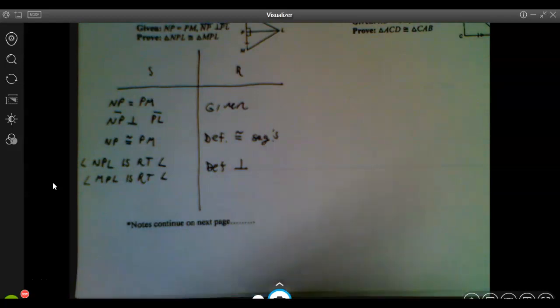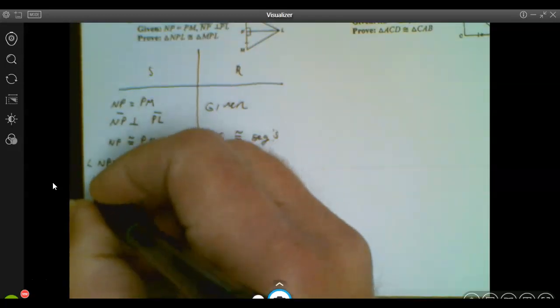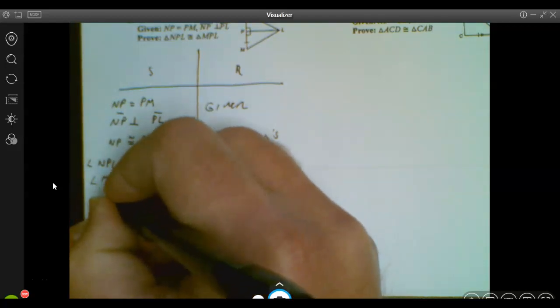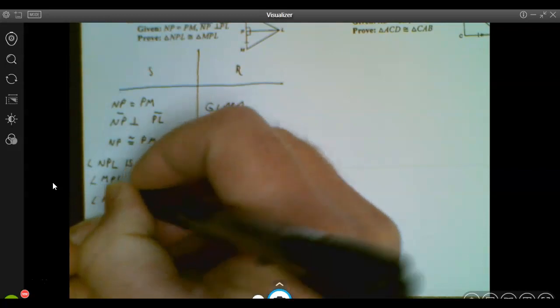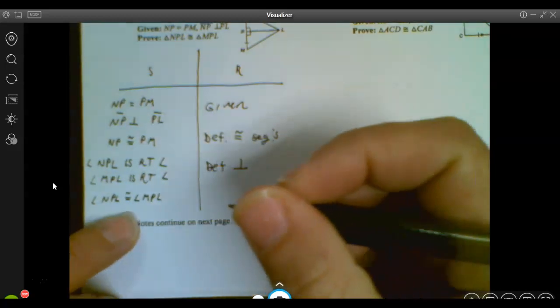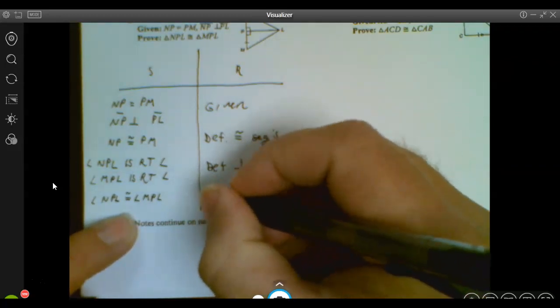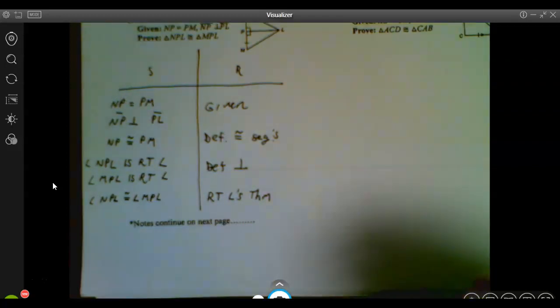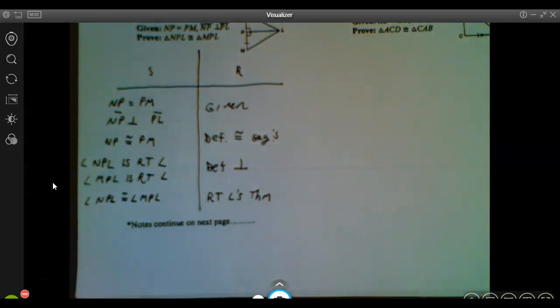One way is to just write what the theorem says. The other way is to name the theorem. So I can now say that angle NPL is congruent to angle MPL by naming the theorem, which is my right angles theorem. Or I can write out what the theorem says, which is that all right angles are congruent.